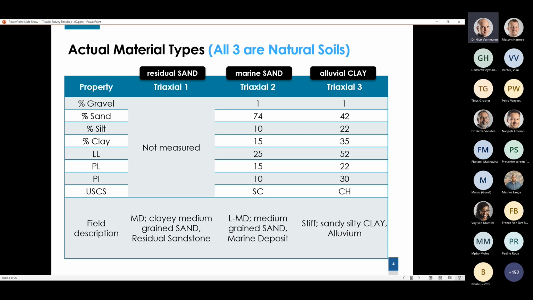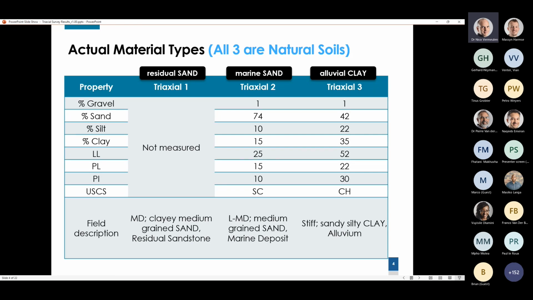We can see that the residual sand typically will have a fair amount of fines comprising clay and silt particles, and then probably a dominant portion of sand and possibly a little bit of gravel as well. So it's a more uniformly represented grading. Marine sands tend to be cleaner. They tend to be well sorted, more uniform, and we can see there from the grading parameters with almost 75% sand component.